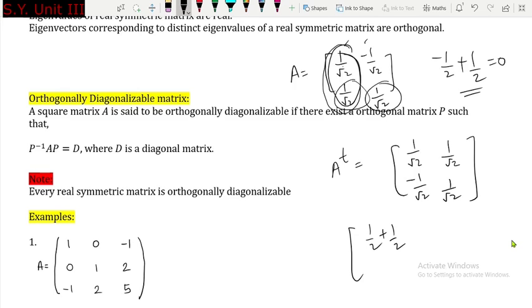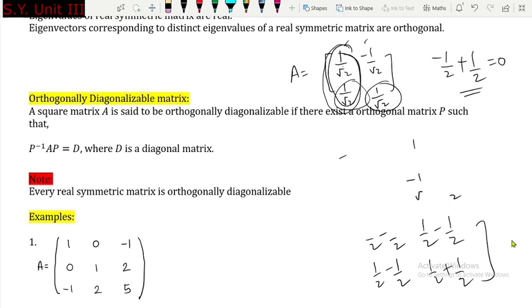Next, 1 upon root 2 multiplied by 1 upon root 2 will be half, and minus 1 upon root 2 multiplied by this will be minus half. Similarly, over here we get half minus half, and over here half plus half, and you can see it is the identity matrix. Similarly, you can check that A transpose A is also the identity matrix, isn't it?